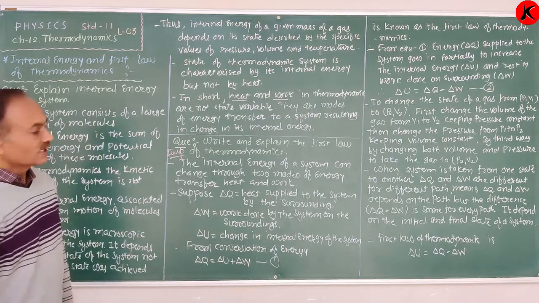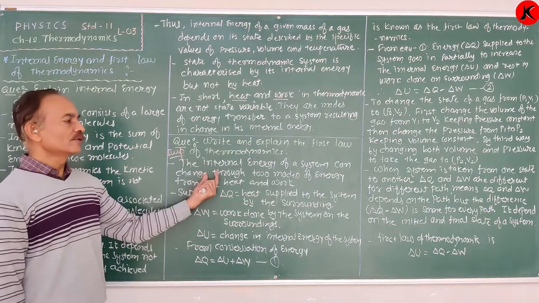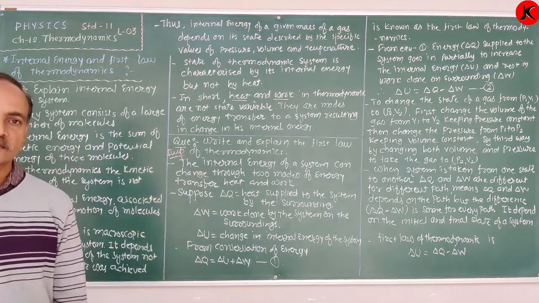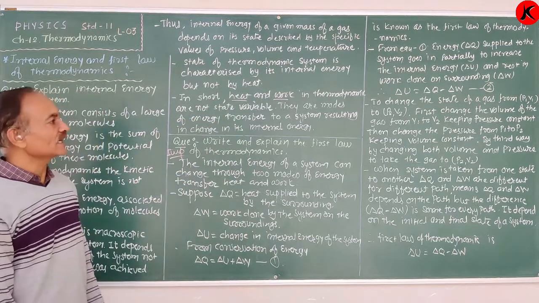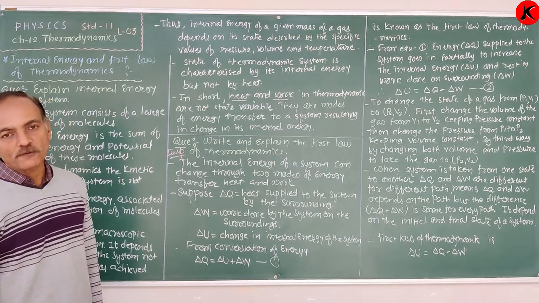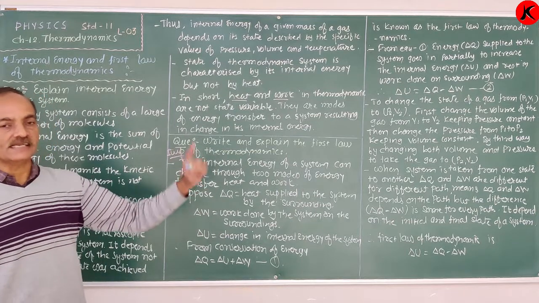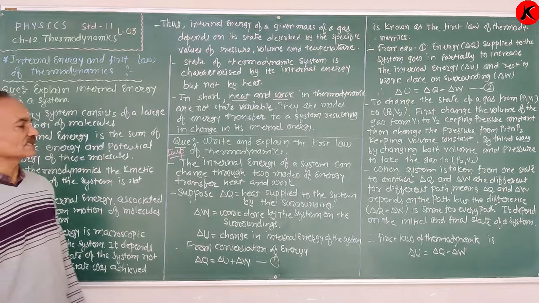Now, the internal energy of a system can change through two modes of energy transfer, heat and work. Just earlier we discussed that heat and work in thermodynamics are not state variables. They are modes of transfer of energy to a system, and as a result they change the internal energy of a system.